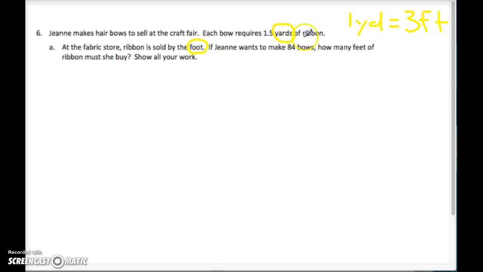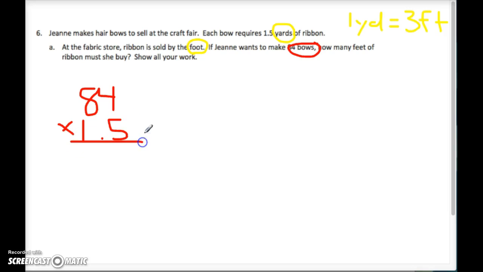It says if Jan wants to make 84 bows, so before when I was talking about the 1.5 yards, the 3 yards, the 4.5 yards, I was adding. It's not going to make sense for me to add 1.5 84 times. And right in that statement you can hear that I would be taking 84 times 1.5.